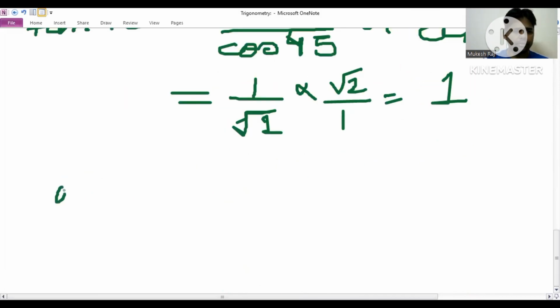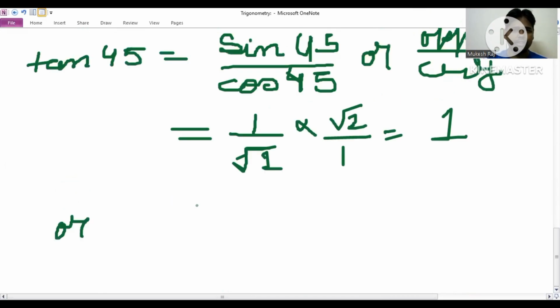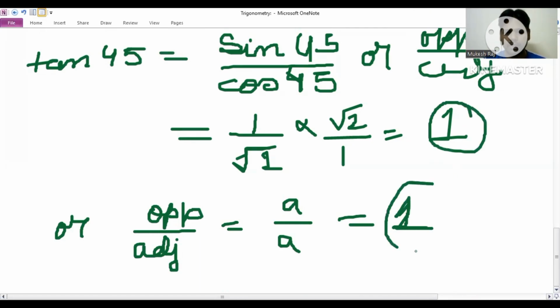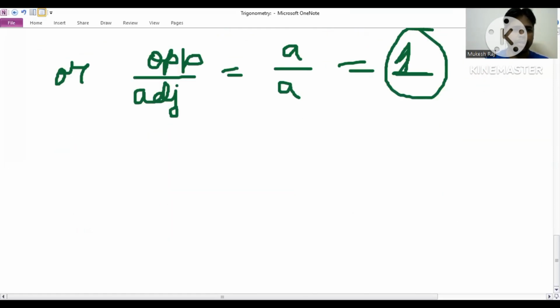If I put the value of opposite by adjacent, the value of opposite is A and adjacent is A, as this triangle for which we are trying to find the value of the angular measurement of 45 degree is an isosceles triangle, so the two sides adjacent and opposite become equal, and as a result we will get a value equal to 1. From here you can see that by following either of the methods, you will reach the conclusion that you get a value equal to 1.